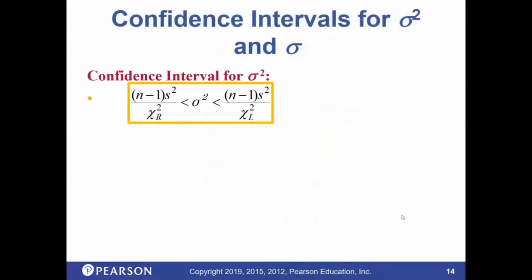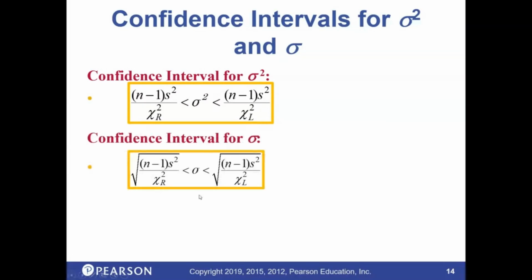Okay, so here's our formula for the confidence intervals. For the variance, we're going to take n minus 1 times s squared and divide it by chi squared R. N minus 1 times s squared, divide by chi squared L. And then for standard deviation, you'll just take the square root of each of those.